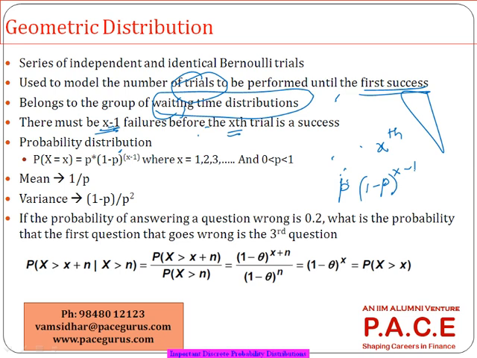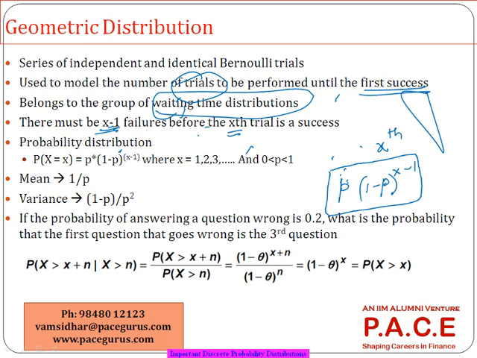I am having x-1 failures and one success. So this is the probability of getting a success in the xth attempt.